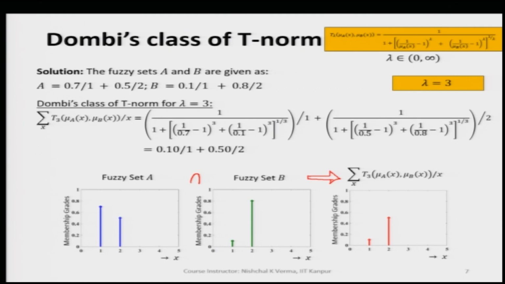And this way, by substituting lambda equal to 3, we are getting the expression of the resultant fuzzy set.